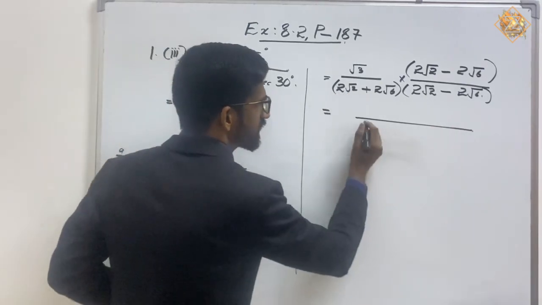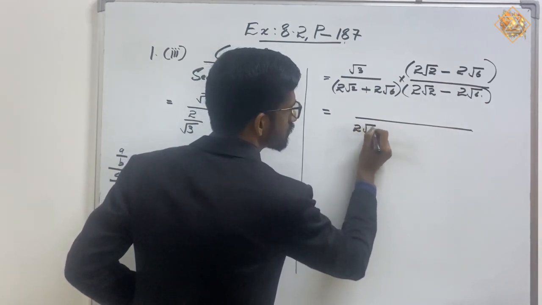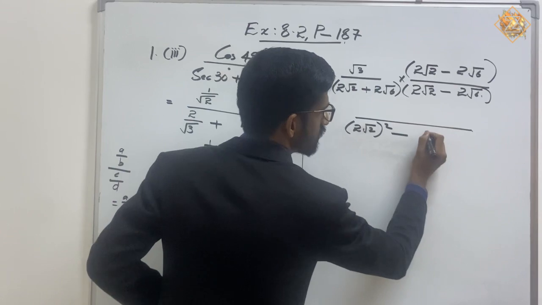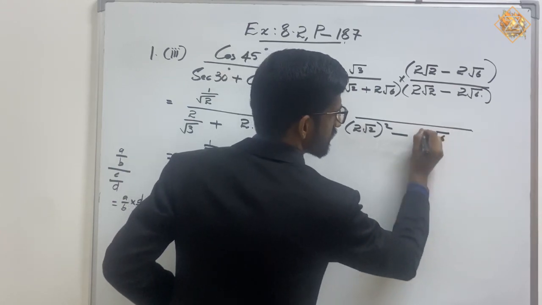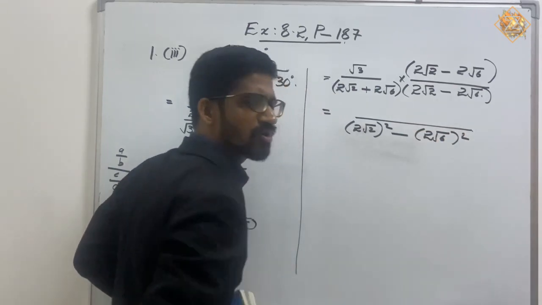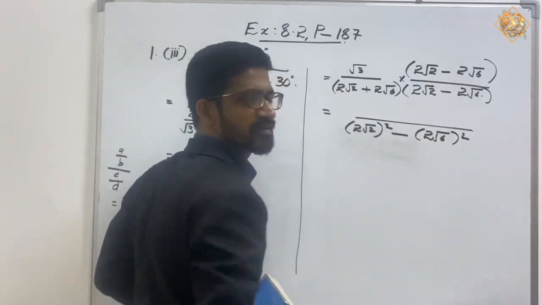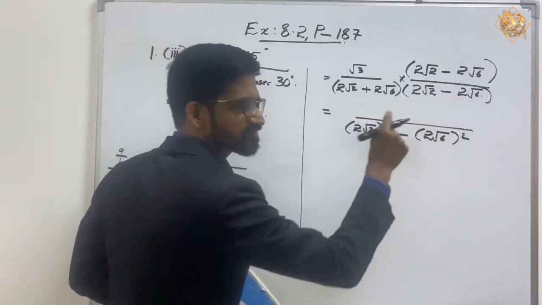So in the denominator we can write it as what? 2 root 2 square, a square, minus b, it is 2 root 6 its square. Okay students, that is a plus b into a minus b, that is a square minus b square.